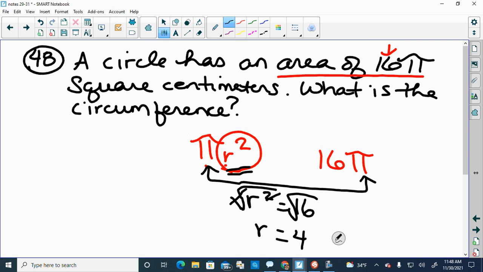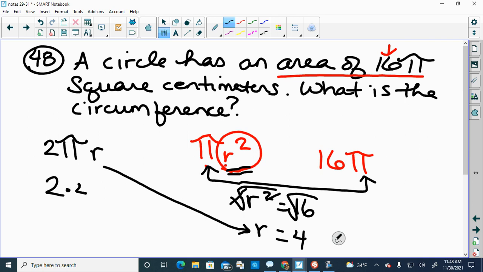Then we need to plug it into finding circumference, which was one of the formulas that you wrote. On that it's 2 pi r. Well, we just figured out what r is, so we're going to go 2 times the r, which is 4. And they left it in pi format, because notice it doesn't say pi is equal to 3.14.